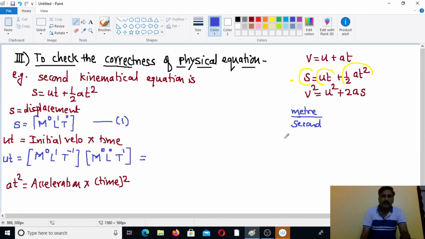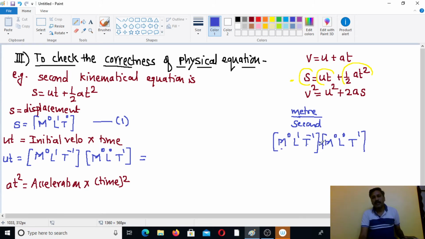If you check this, the terms are M raised to 0, L raised to 1, T raised to minus 1, multiplied by time, that is M raised to 0, L raised to 0, T raised to 1. Here M, L, T are the bases and 0, 1, minus 1, 0, 0, 1 are the powers, and in between them there is a multiplication. If the base is same and there is a product, then we add the powers.